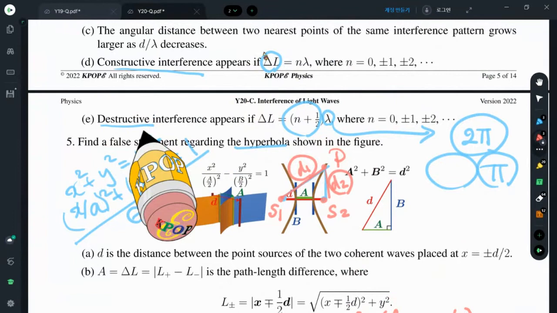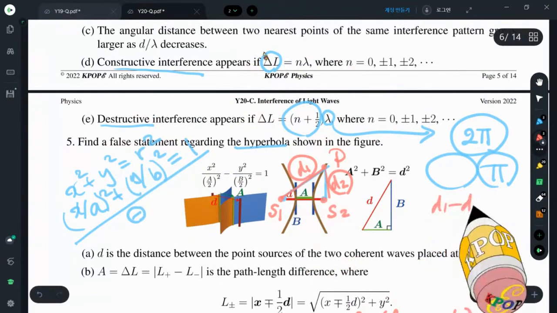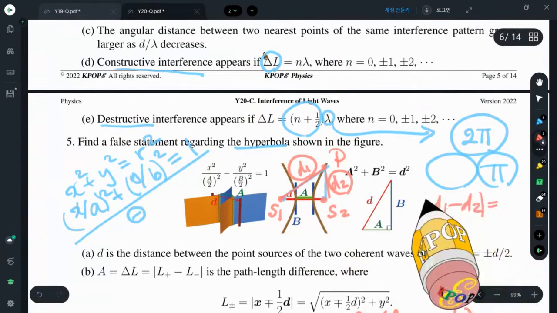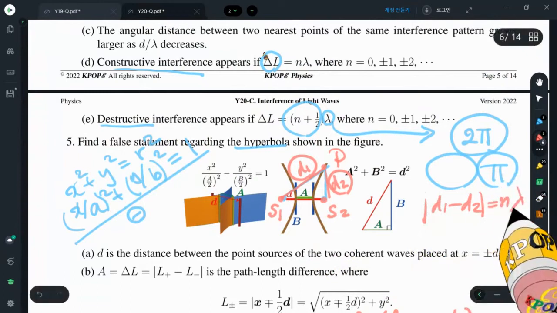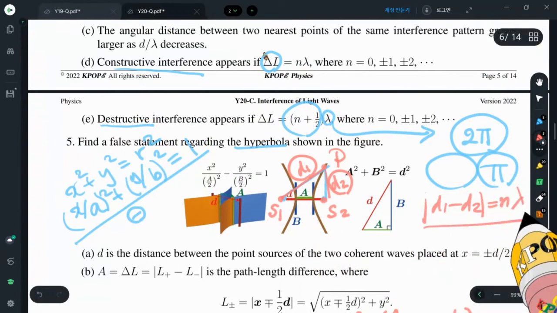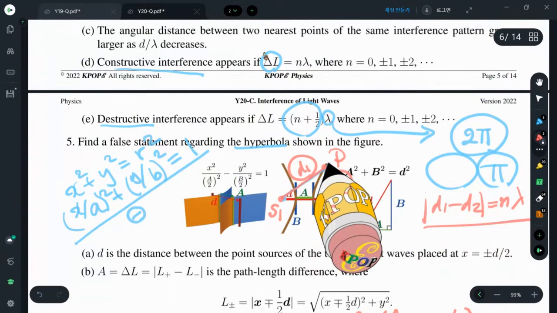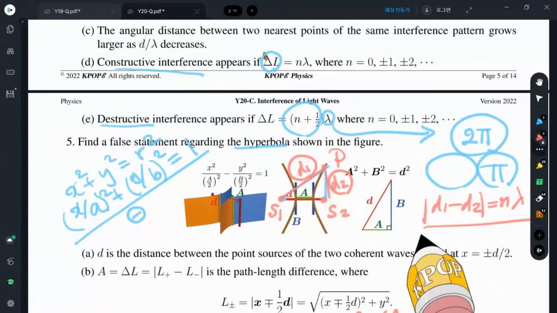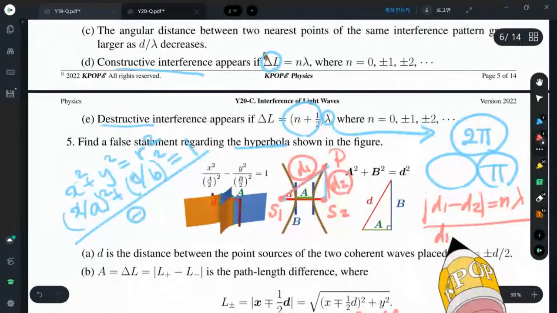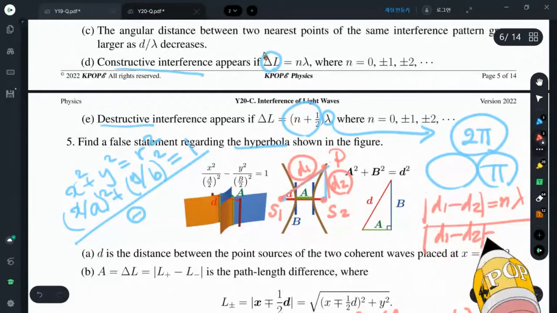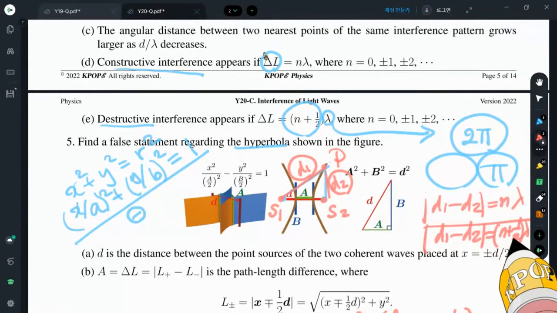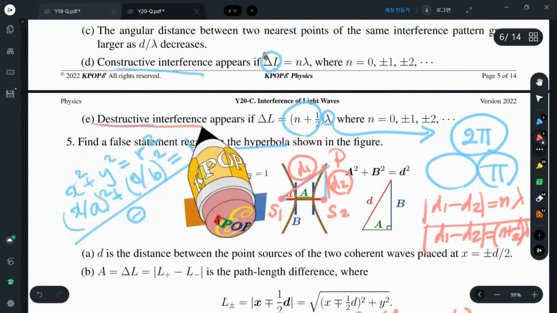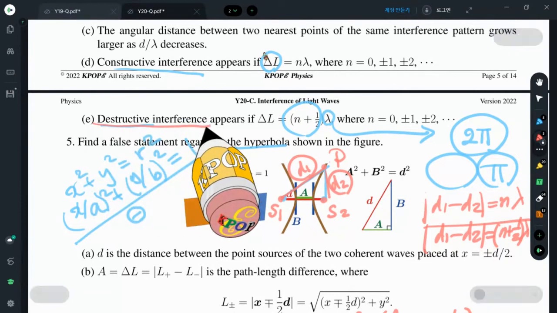Okay? So if the absolute value of D1 minus D2 is n lambda, what happens? These points will have constructive interference. If D1 minus D2 equals a half integer multiplied by the wavelength, then it becomes destructive interference.